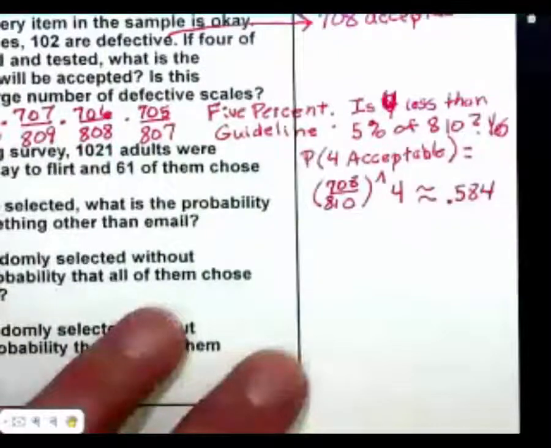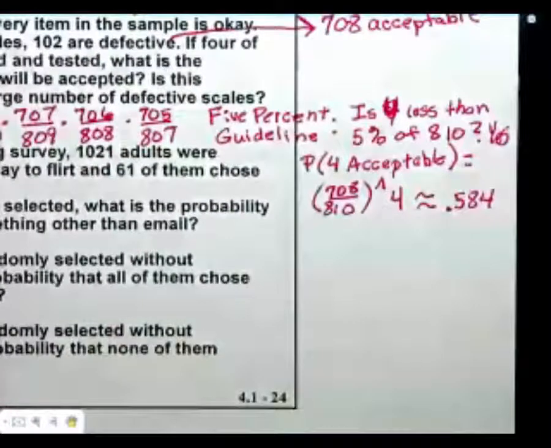That means if I use this method, with a sample size of 4, almost 60% of the time I'm going to say, yep, today's batch is good. I only drew out 4. All 4 were good. Yep, today's batch is good. But we know today's batch is not really that great.